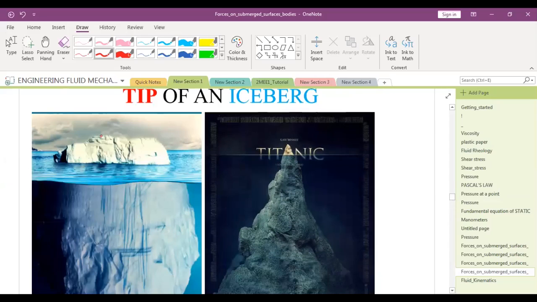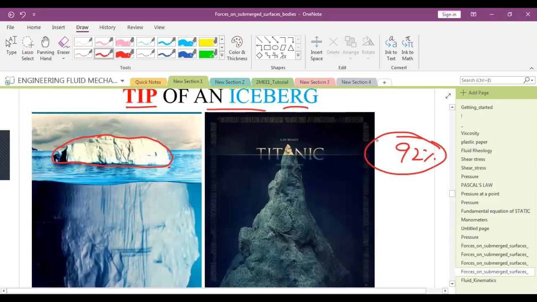That is, in case of an iceberg, only a small portion is above the free surface. And that was the reason for the Titanic accident as well. That's why it is called the tip of an iceberg, because 92% of the iceberg remains below the free surface. Only 8% is outside.